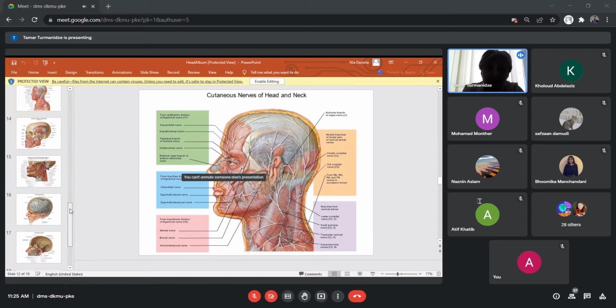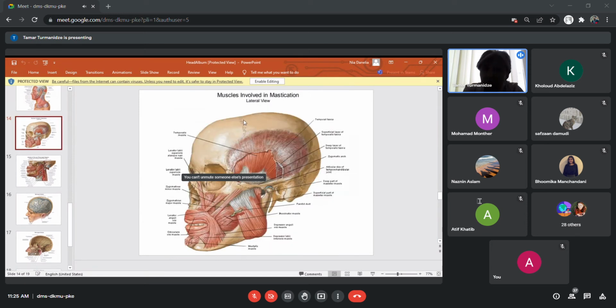Below the subaponeurotic layer, we have the pericranium, which is attached to the bone only at the level of the sutures. We have said that the periosteum is attached to the bone closely, yes? But in this region, the pericranium is attached to the bone only at the level of the sutures.